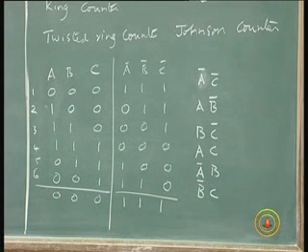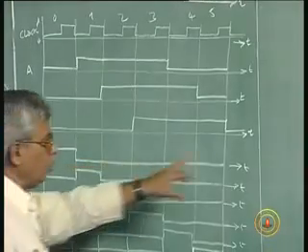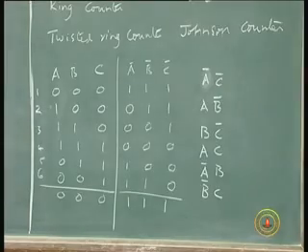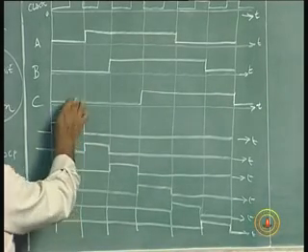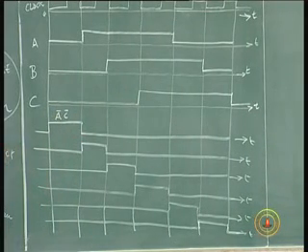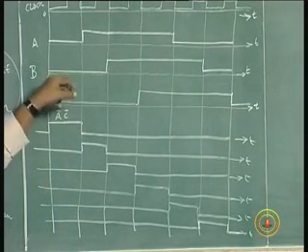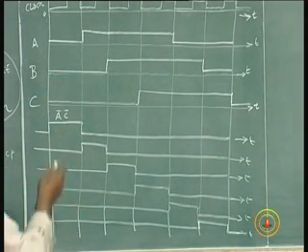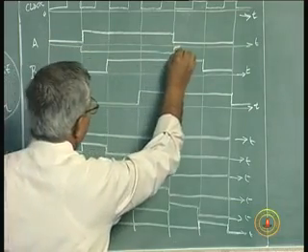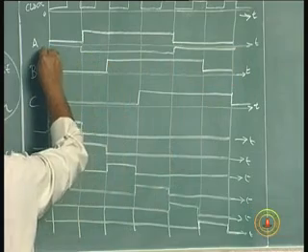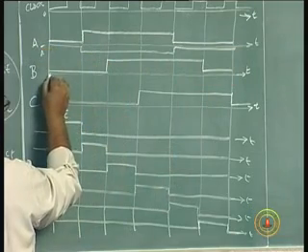So all I have to do is to get the complement of these waveforms, A, B, C, A bar, B bar, C bar, and then use AND gates. So in that case, the first clock period is on A bar, C bar. Of course I am not showing A bar, B bar, C bar. You can imagine that. It will be the opposite of this. This will be A bar. This will be B bar.